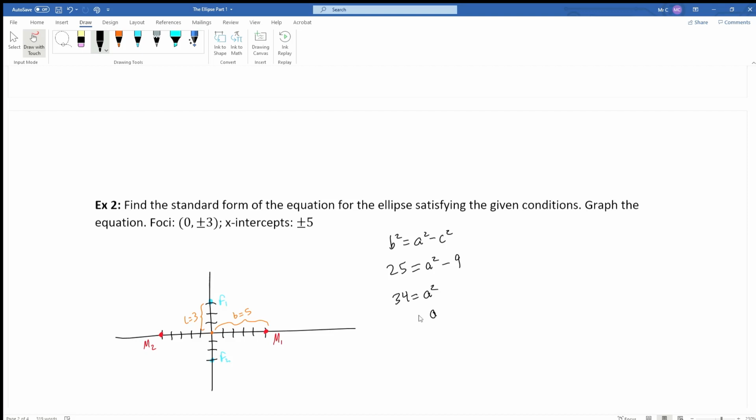In other words, a is the square root of 34, which is a little bit less than 6. Well, that tells us we can plot our vertices at just under 6 and just above -6. And finally, we can connect our graph all together here.